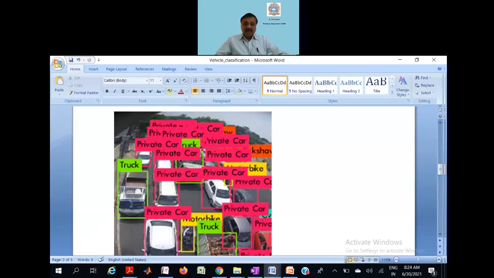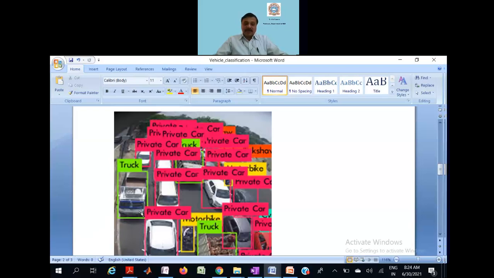See, it is not only identifying whether it is a private or a hired vehicle, but it is also trying to say whether it is a bike, a motorbike, a truck, or a car. And then if it is a car, after identifying whether it is private or so, you could see that the complexity has increased. So it's not enough to just detect a moving vehicle. Based on the size of the vehicle, you should also say what type it is.